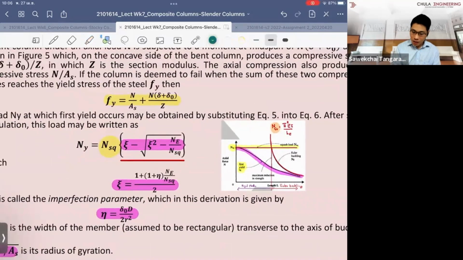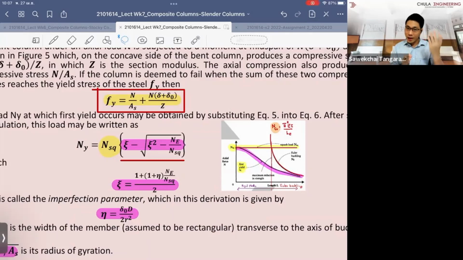This is our assumption when we talk about the combined stresses: the maximum stress that can be achieved just hits the yield. So basically the stress diagram that develops through the cross section still forms a triangular stress, not the rigid rectangular stress block as we discussed for the maximum capacity.